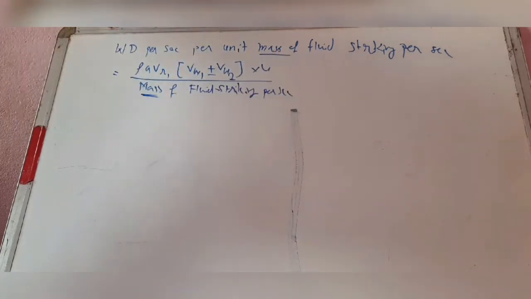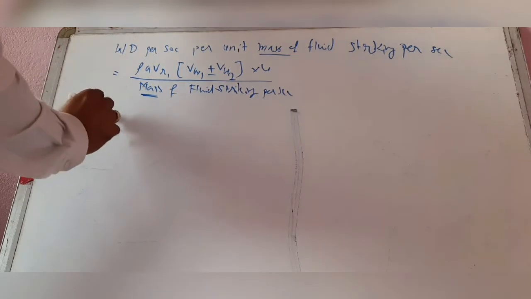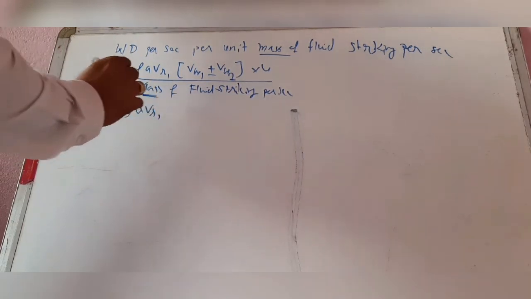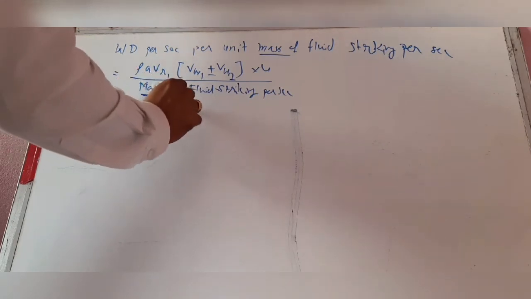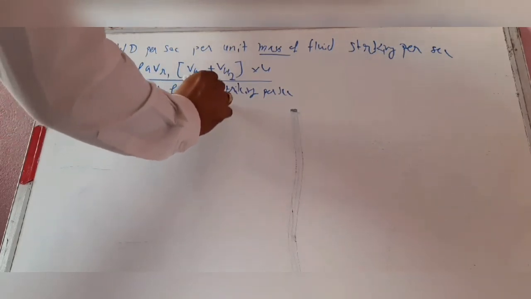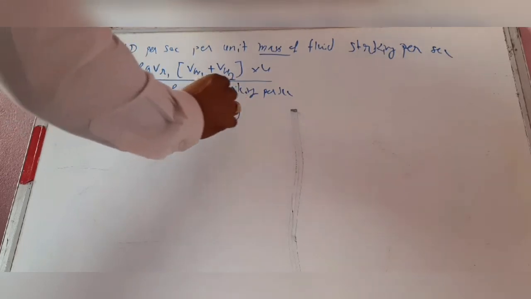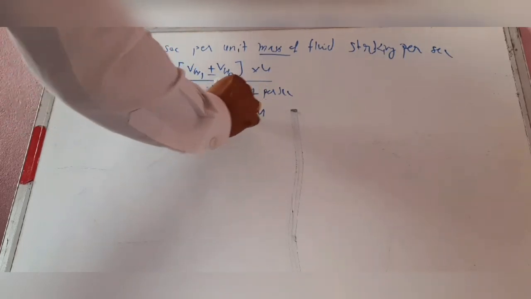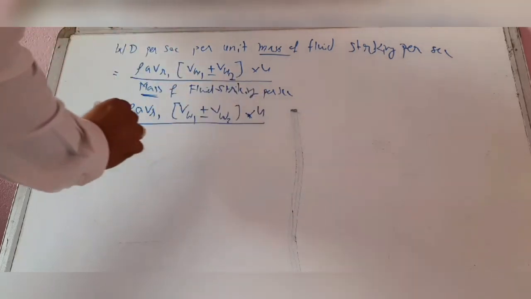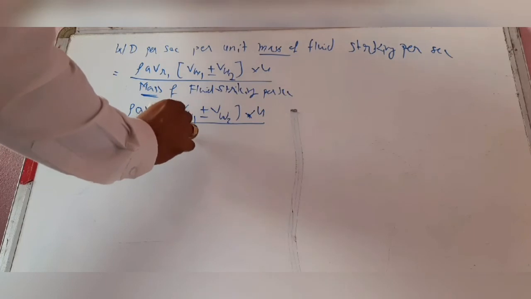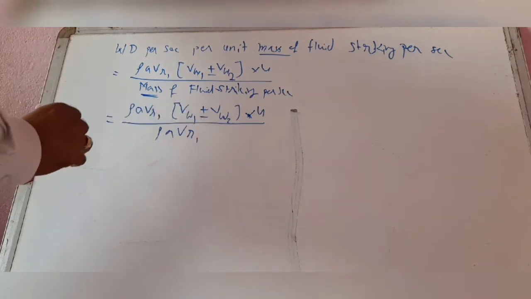Here mass is considered, so the value is rho A VR1 (VW1 plus or minus VW2) into U, divided by rho A VR1.